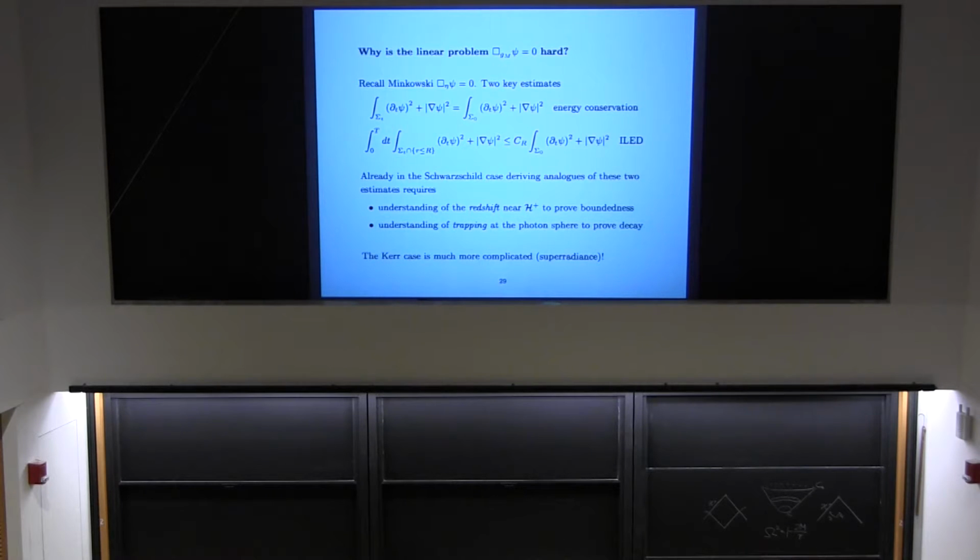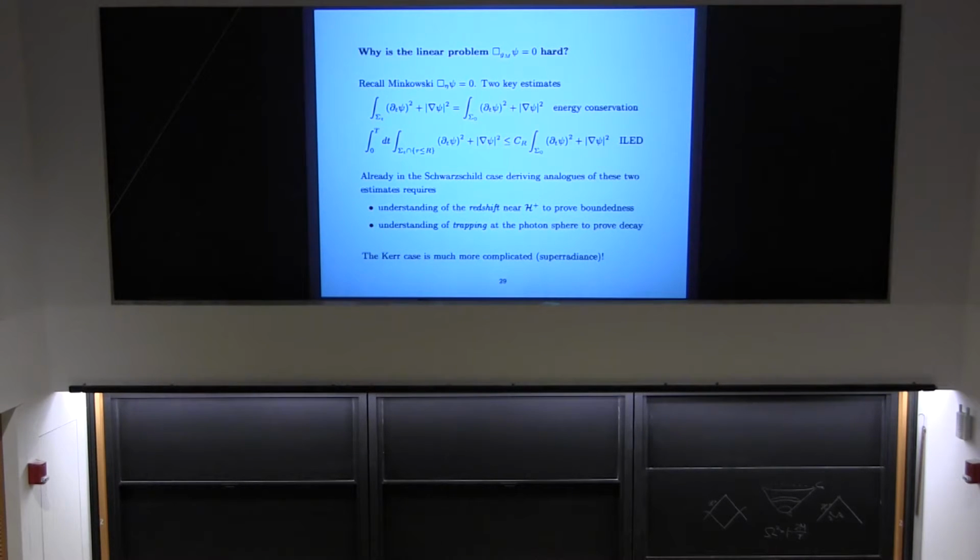In Minkowski space, if you wanted to prove decay, one way is to use two key estimates. The first is simply energy conservation, the first equation that I've written there. And the second is what's called the Morawetz estimate, about which we heard also a lot yesterday, or integrated local energy decay estimate. On the left-hand side, you just see the local energy in a ball of radius r integrated in time, and on the right-hand side, you just see the energy at t equals 0.